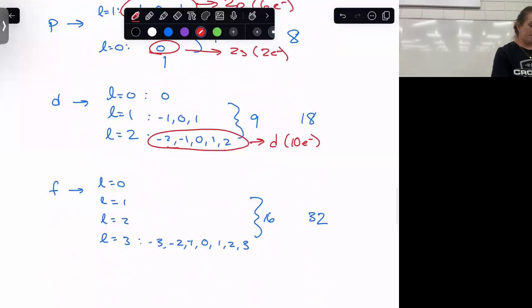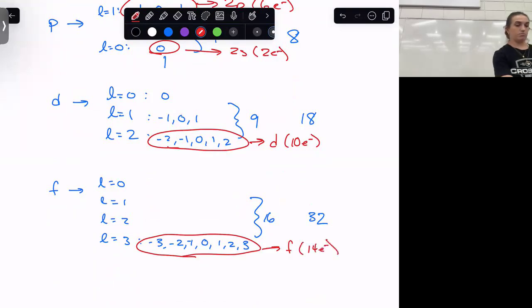And then the f, we said we have 7 orbitals for a total of 14 electrons. So f itself only goes to 14, but it says 32. Yes, yep. So if you did the total electrons, you do 2 plus the 6 plus 10 plus 14. Okay. Yes, yep.